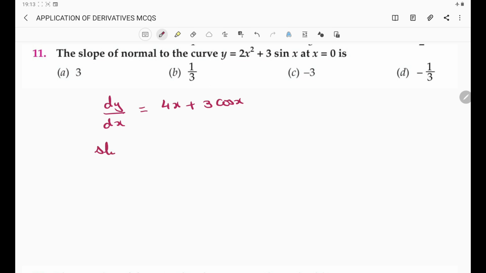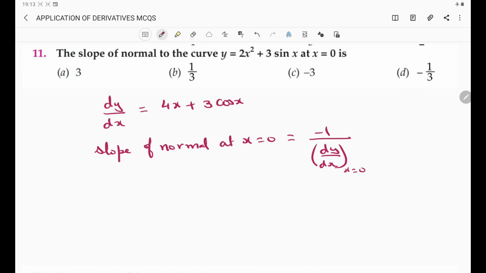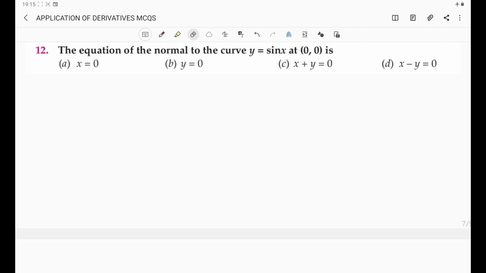So the slope of the normal at x equal to 0 is minus 1 by dy/dx at x equal to 0. Substituting x equal to 0, we get minus 1 by (4 into 0 plus 3 cos 0), which is equal to minus 1 by 3. So option D is correct.